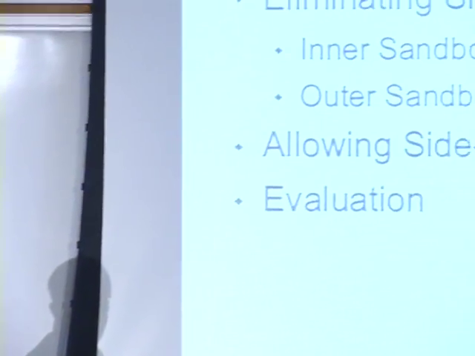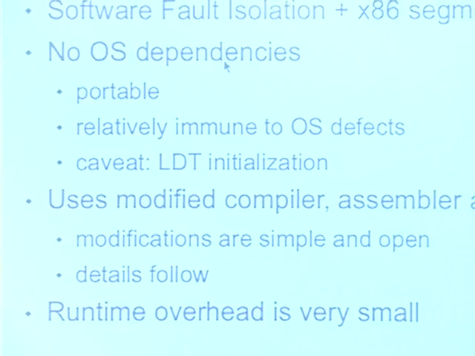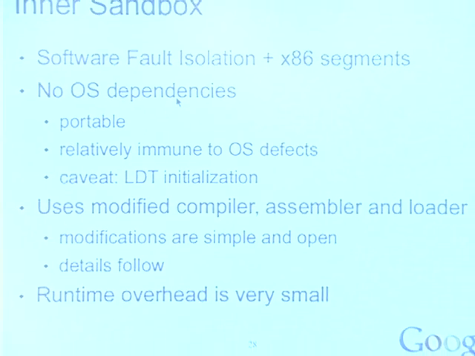So next thing I want to do is tell you a little bit about the actual mechanisms we use. How do we prevent side effects that we don't want to be able to happen? And the mechanisms are sort of structured into 2 major pieces. One we call the inner sandbox, and the other we call the outer sandbox. Without delay, let's talk a little bit about the inner sandbox.